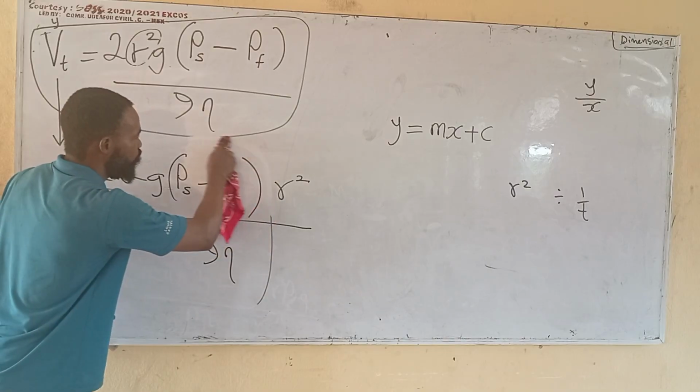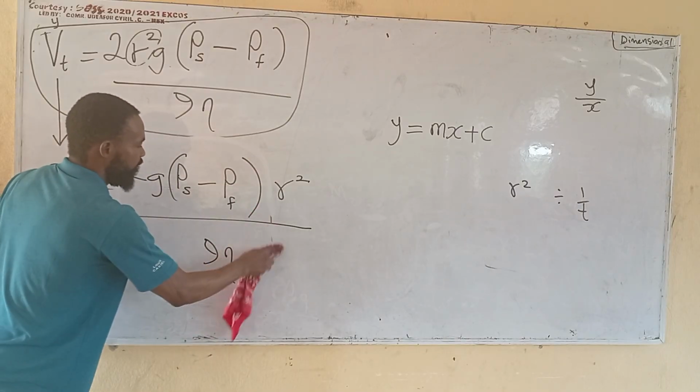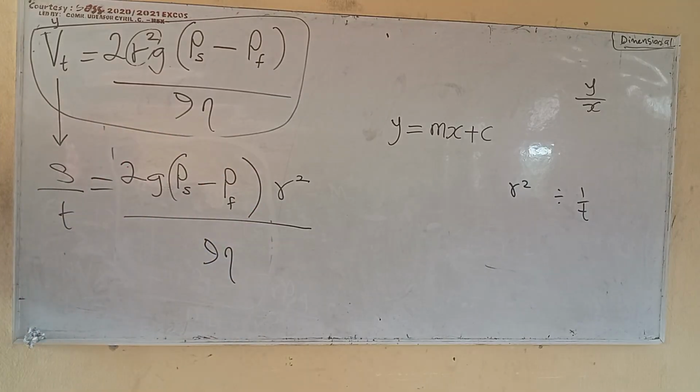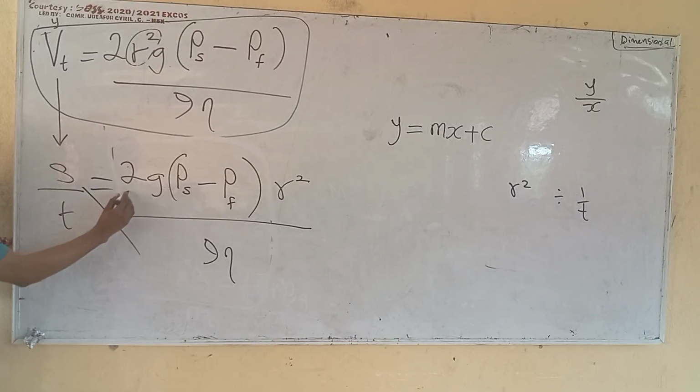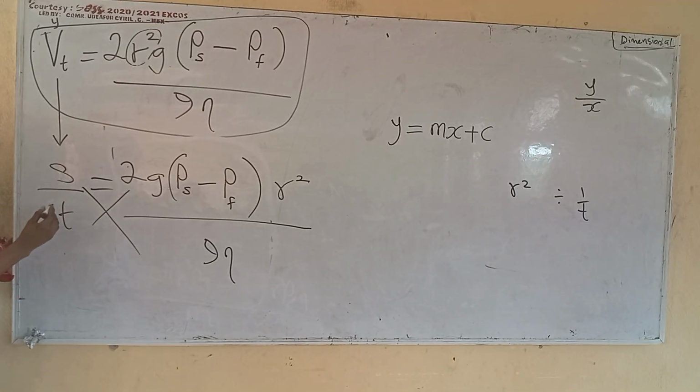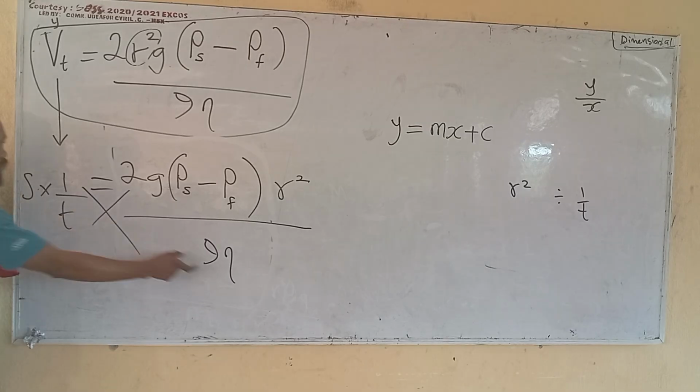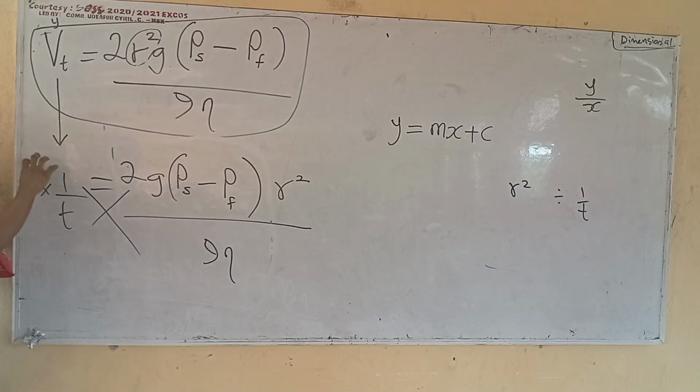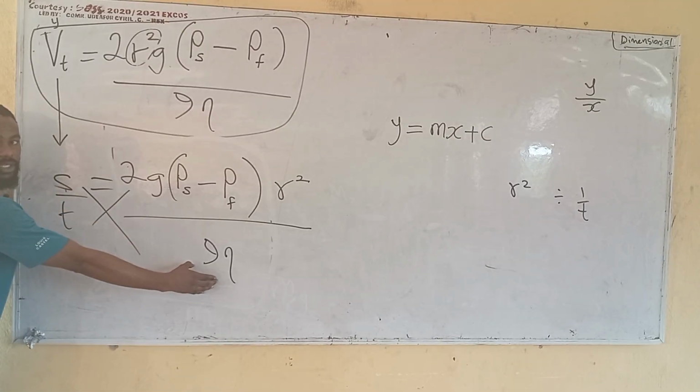comparing your manual to what normally is. However it is, if I say let's cross multiply, hope you know that what you have here is saying s times 1 over t. So if I say let's cross multiply, and this now will quickly go down here, this s will quickly come here. Is it not true?